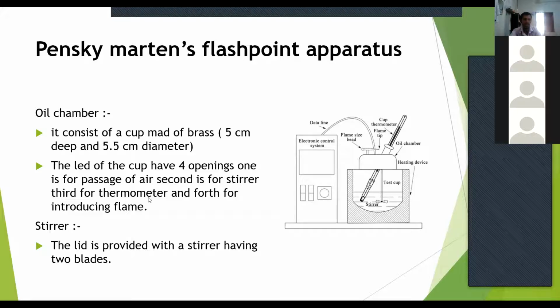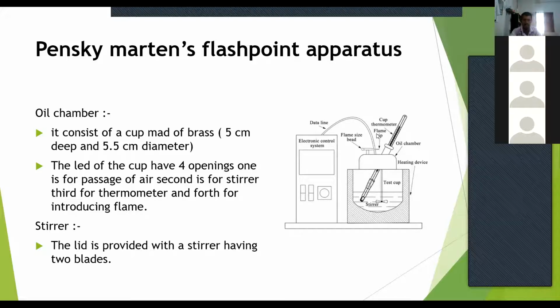Then there are 2 more holes. One is for the stator, the rotating shaft with blades, directly connected to the motor.